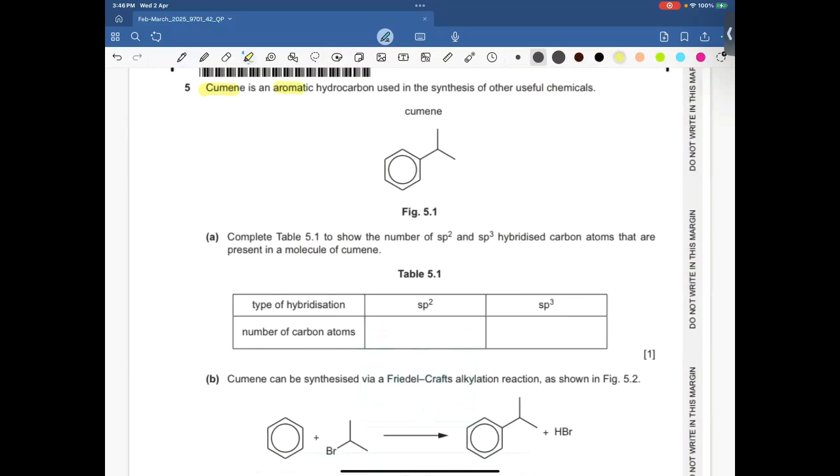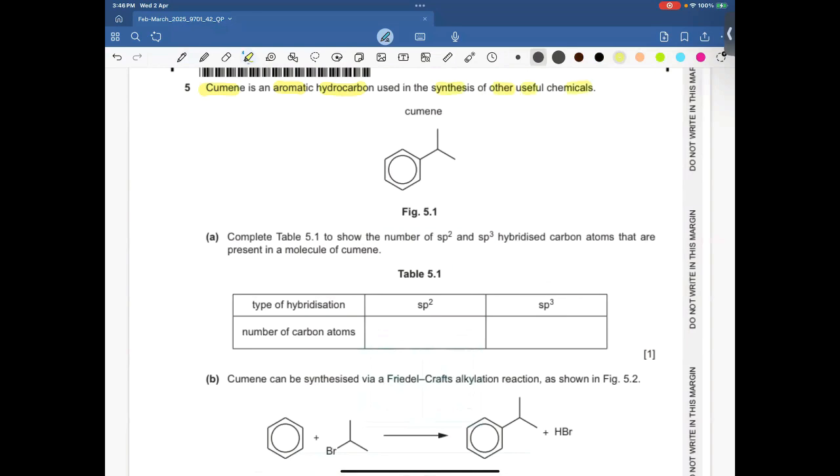Cumene is an aromatic hydrocarbon used in the synthesis of useful chemicals. This cumene, since annihilation or takes in order to make this compound.